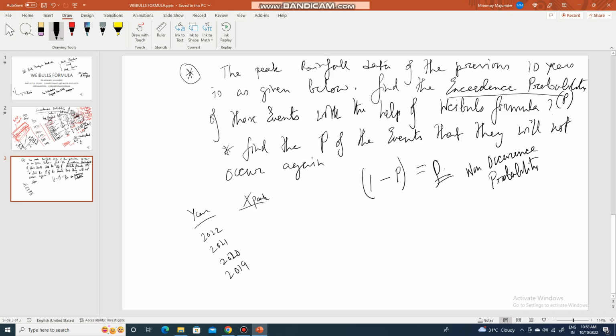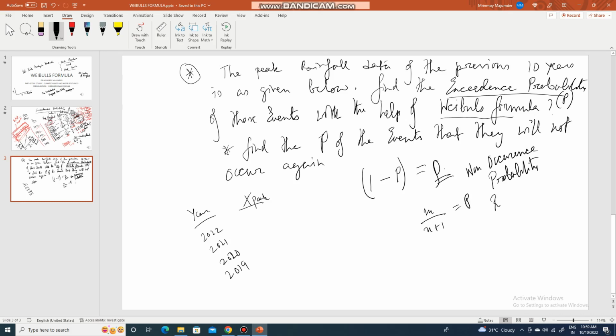Then also you can use Weibull's formula. The main funda is that you have to arrange all these events as per magnitude in descending order, and then assign order or rank to them, and then use the plotting position formula m by n plus 1 to calculate the exceedance probability.